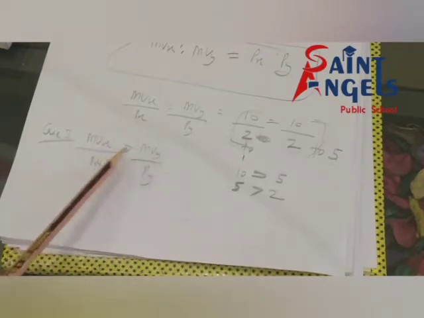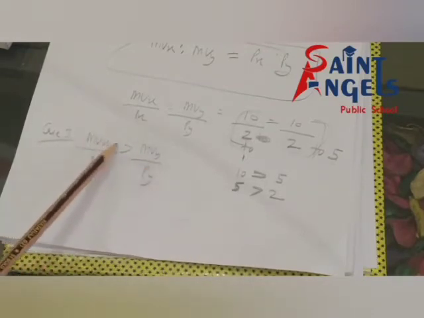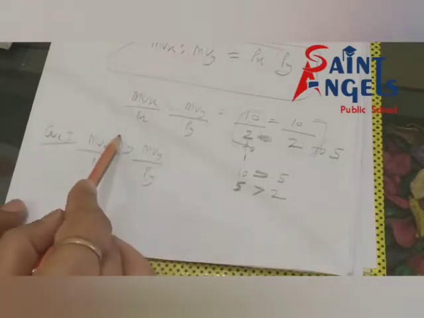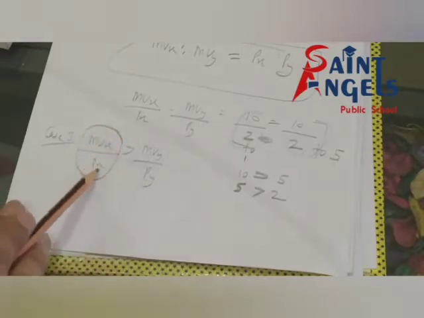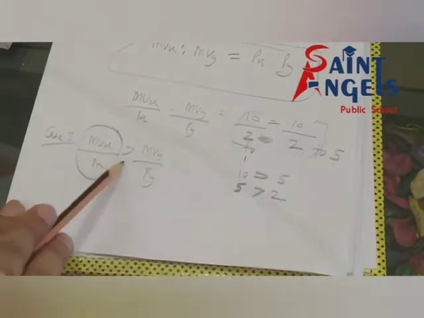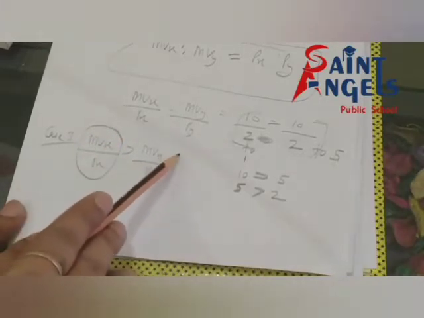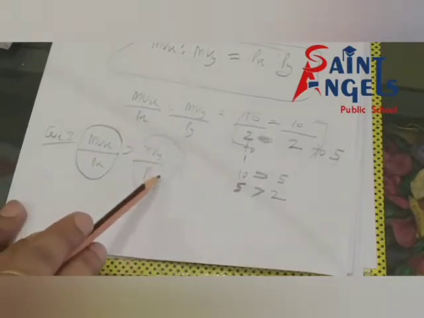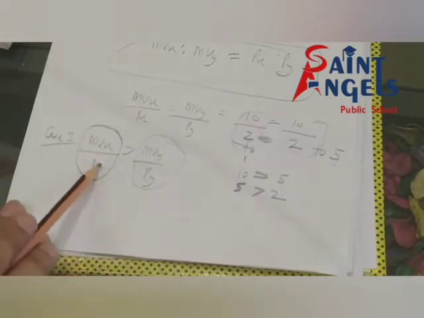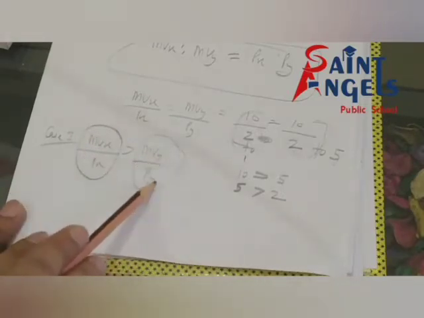But it also means that marginal utility in terms of money in case of good X is greater than marginal utility in terms of money in case of good Y. So the consumer will purchase more units of good X and less units of good Y.